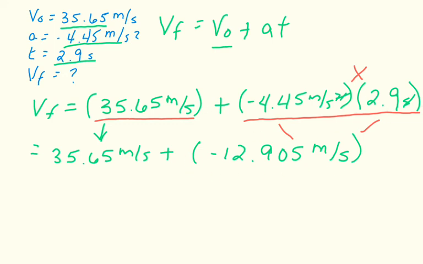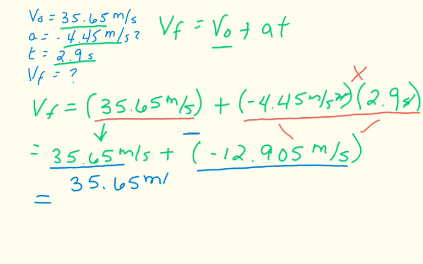Now, once we have those, we can simplify a step further. All right, so let's take it a little bit further. So now the operation says that you're going to take this number, 35.65, and you're going to add it to this number. Remember that when you have a positive and a negative, that becomes a negative. So in reality, what we're going to do is we're going to subtract. So it's going to be 35.65 meters per second minus 12.905 meters per second.